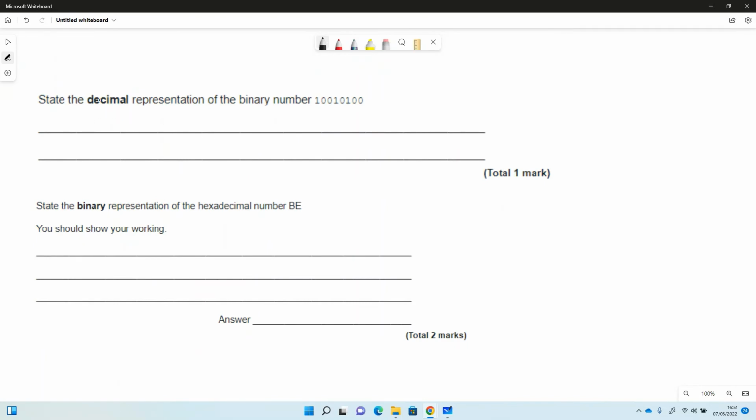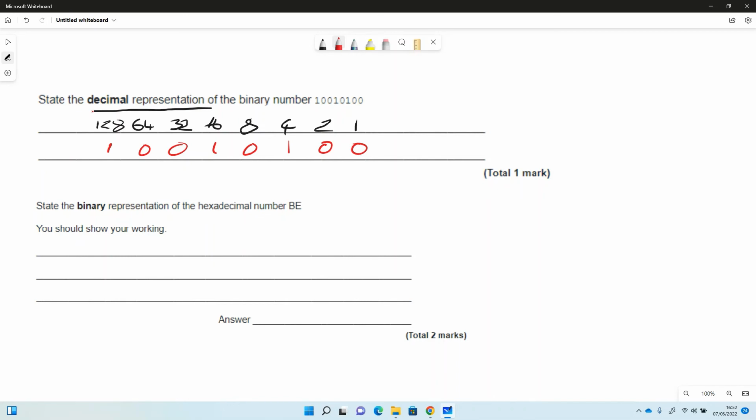So we've got another one: state the decimal representation of the binary number. So we just write our binary positions again. 1, 2, 4, 8, 16, 32, 64, 128. And then we're going to write our number in there. 1, 0, 0, 1, 0, 1, 0, 0.